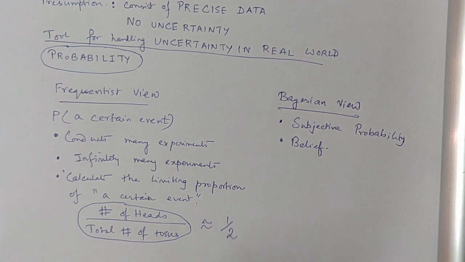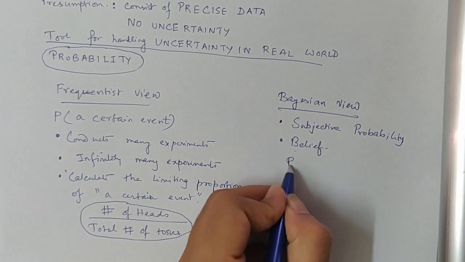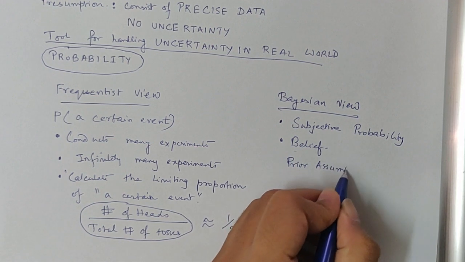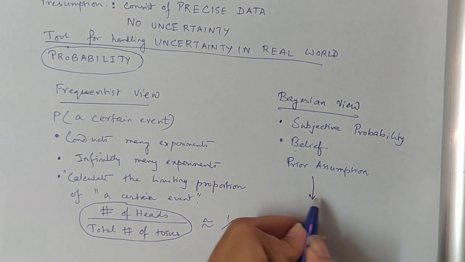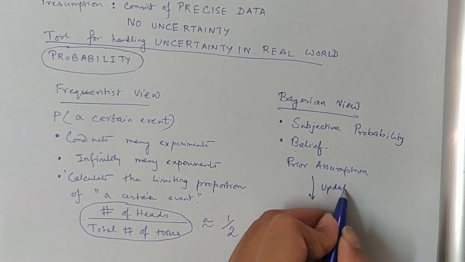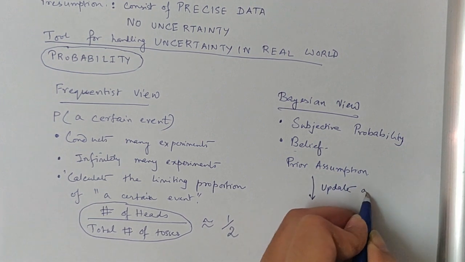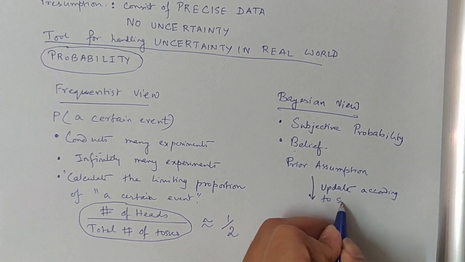and the approach is you have some prior assumption and then you update the prior assumption according to some observation.